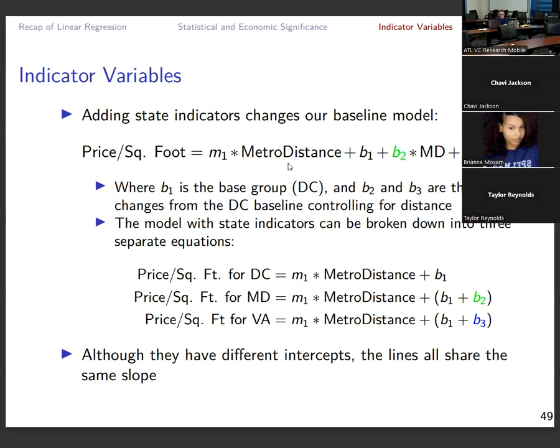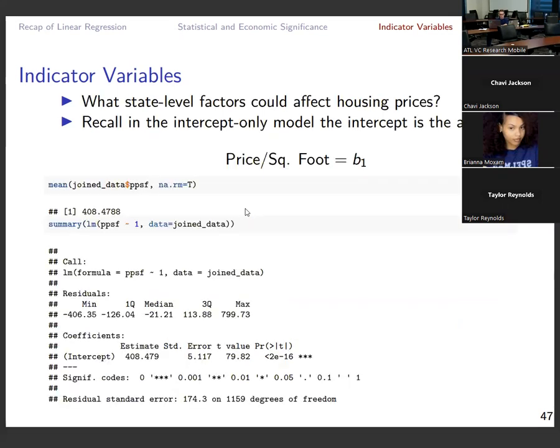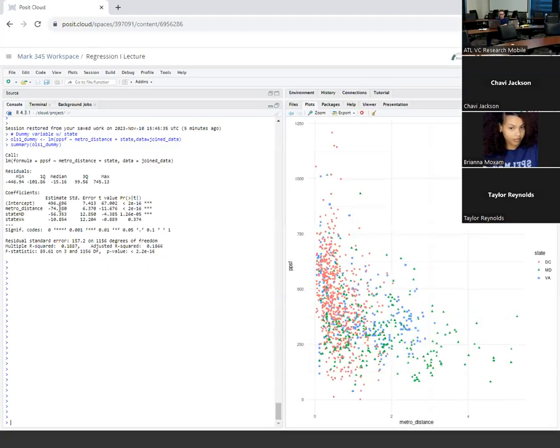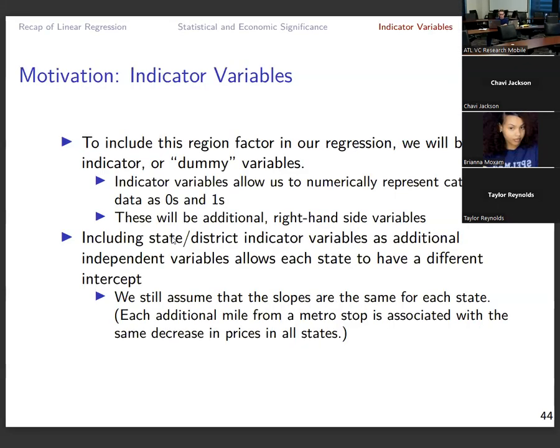That may be right, it may be wrong, but that's what we're assuming. Yeah, we still assume the slopes are the same for each state. So that coefficient of minus 74 is the same for each state.